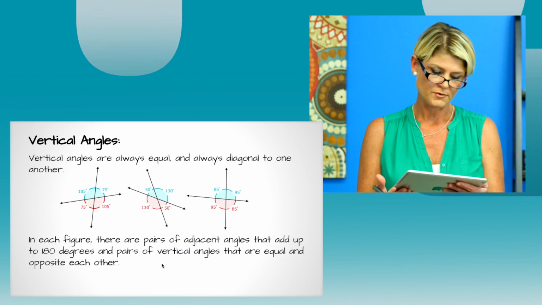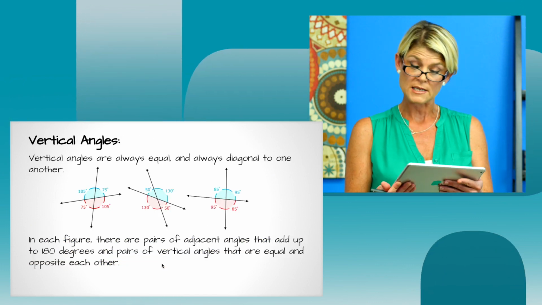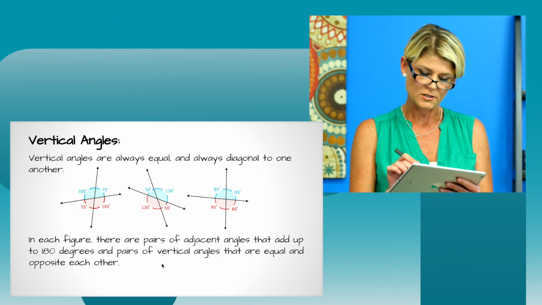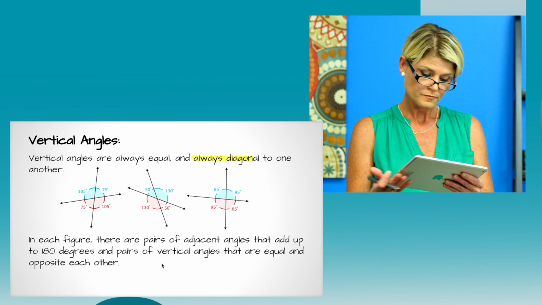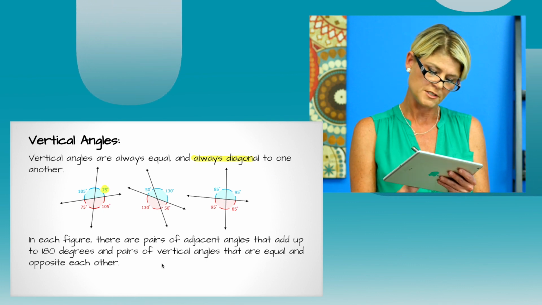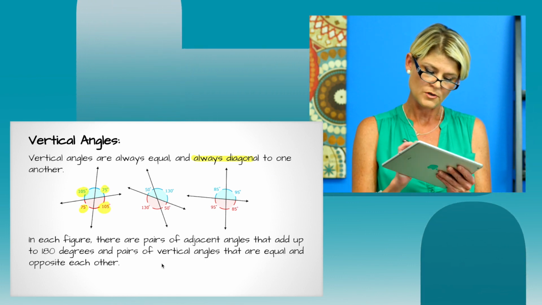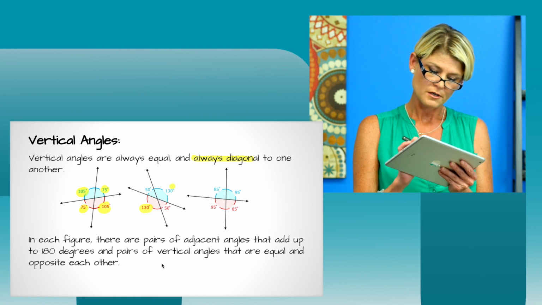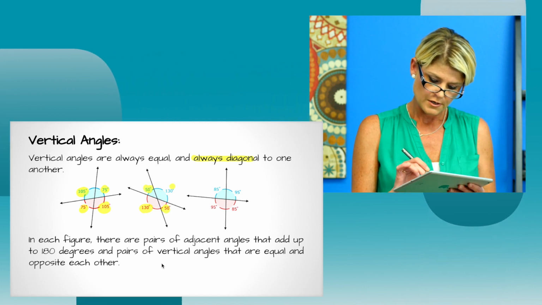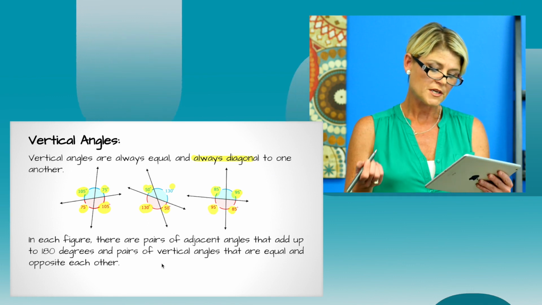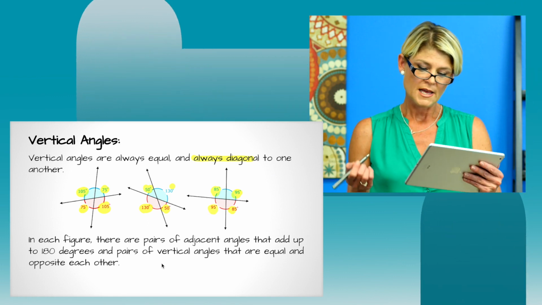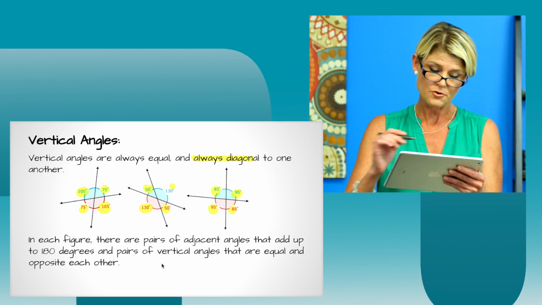Okay, let's talk some more about vertical angles. Vertical angles are always equal and always diagonal to one another. Highlight that because that's important. Again, we've got 75 and 75, 105 and 105, 130 and 130, 50 and 50, 85 and 85, 95 and 95. So in each figure, there are pairs of adjacent angles that add up to 180 degrees.